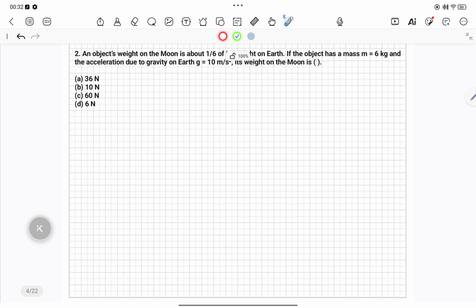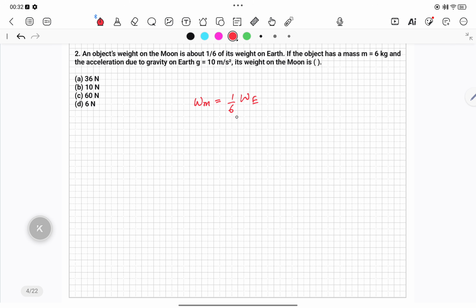Question number 2. An object's weight on the moon is about one-sixth of its weight on Earth. If the object has a mass of 6 kg and the acceleration due to gravity on Earth, g, is equal to 10 meters per second squared, its weight on the moon is. Here, the weight on the moon is given as one-sixth of the weight on Earth.